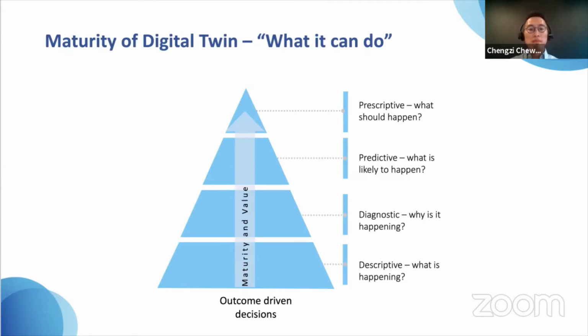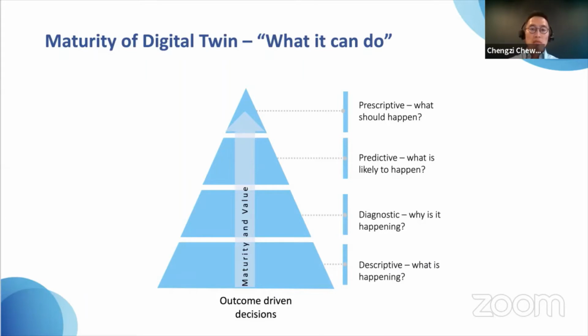Just to quickly go into it, we have the bottom layer, which is the descriptive level, and that's where the digital twin can help you with decision making by answering the question, what is happening now in your system. On the diagnostic level, it would tell you what has happened in the past and why it is happening.